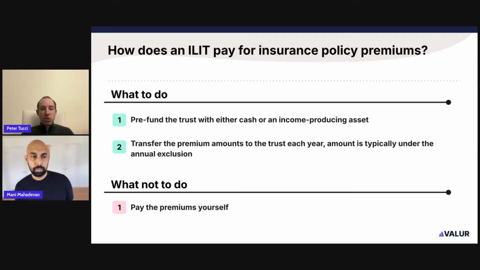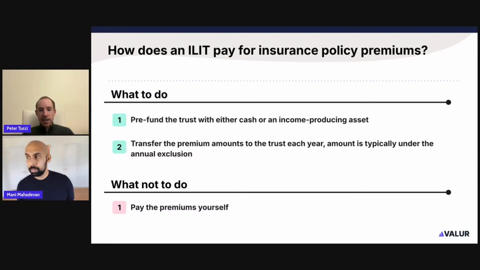And so there are two big picture ways of funding an ILIT with the money it needs to pay premiums. One big picture idea is you say that the premiums are $1 million over the course of however many years, so I'm just going to contribute around $1 million up front.